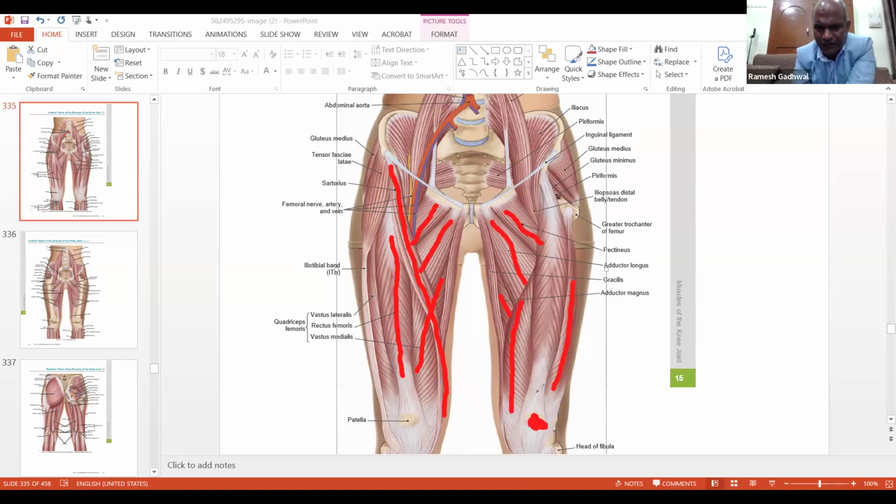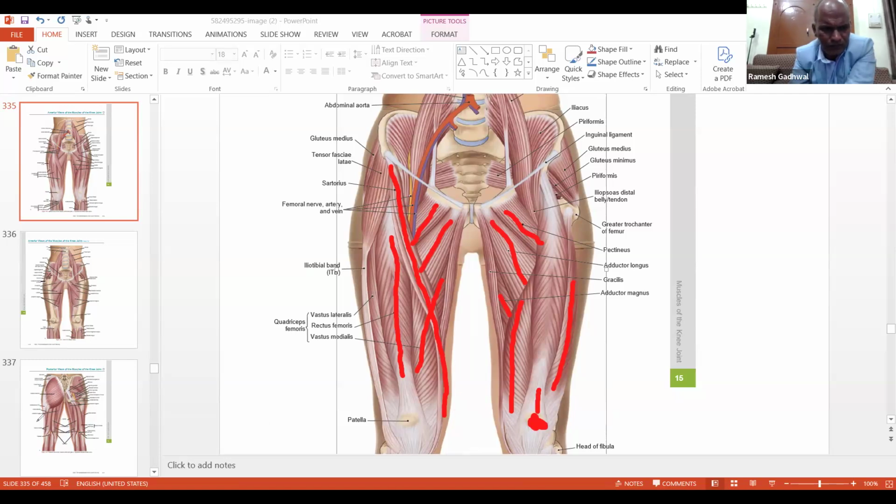Then here is the tendon. This femoris tendon is going through the patella, so it is called the patellar tendon.